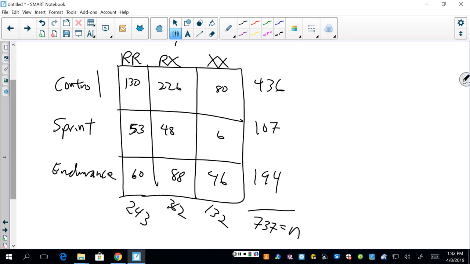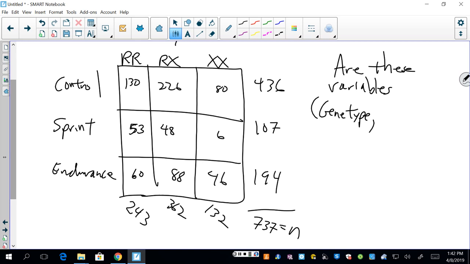Do people enter these groups because they have these muscle types, or are they more likely to be successful, so they stay in it? Or do these muscle types kind of lead them into that? There's kind of a biological thing going on. But are these associated? That's the basic question. Are these variables, by the variables I mean genetic type and group status, athlete status, associated?